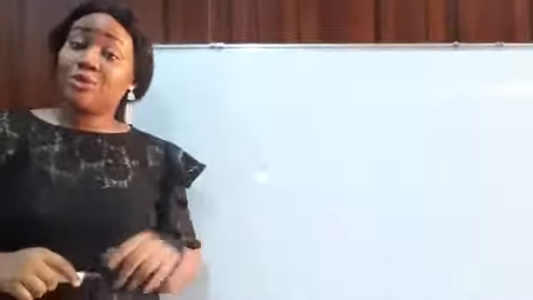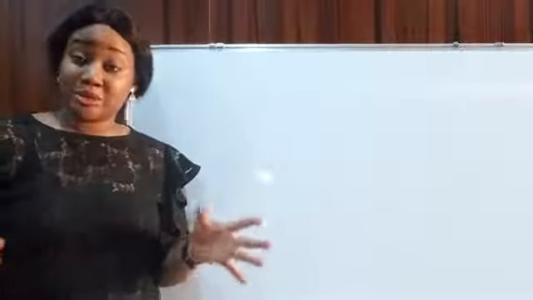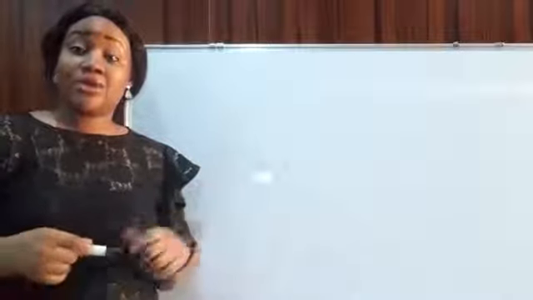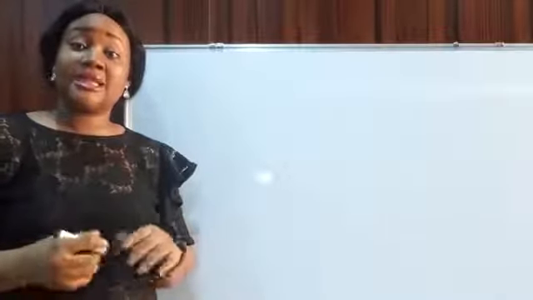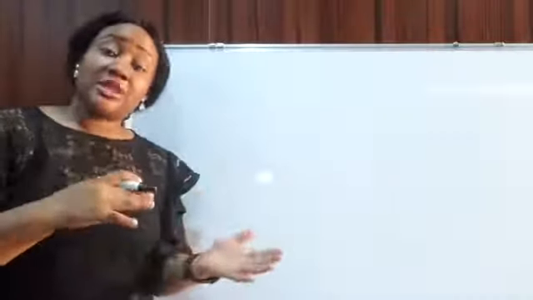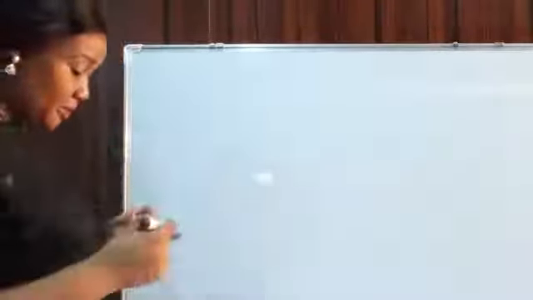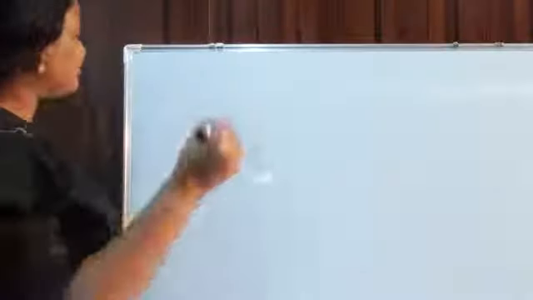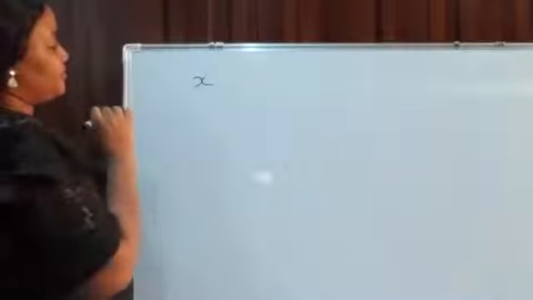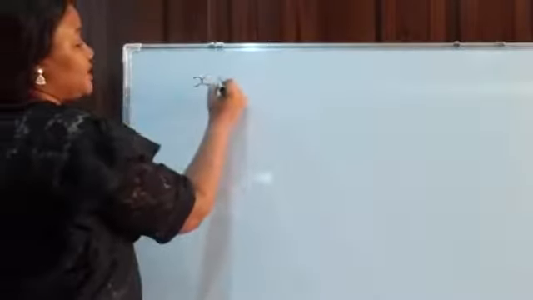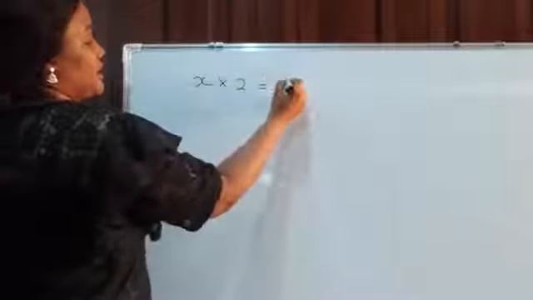So previously, the examples we had earlier had to do with addition and subtraction. Now we're going to see examples that deal with multiplication and division. Okay? Let's take, for example, x times 2 equals 10.